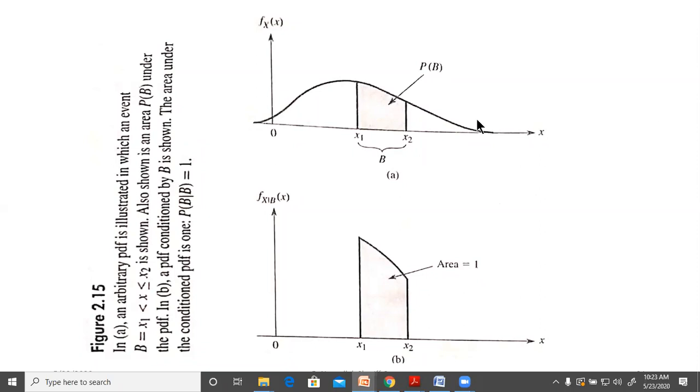No intersection just means no area at all, that is phi. If the range is within this, it will correspond to x1 to x. If x1, x2 totally encompasses B, then B itself will be the range. And that is what we have written over here.